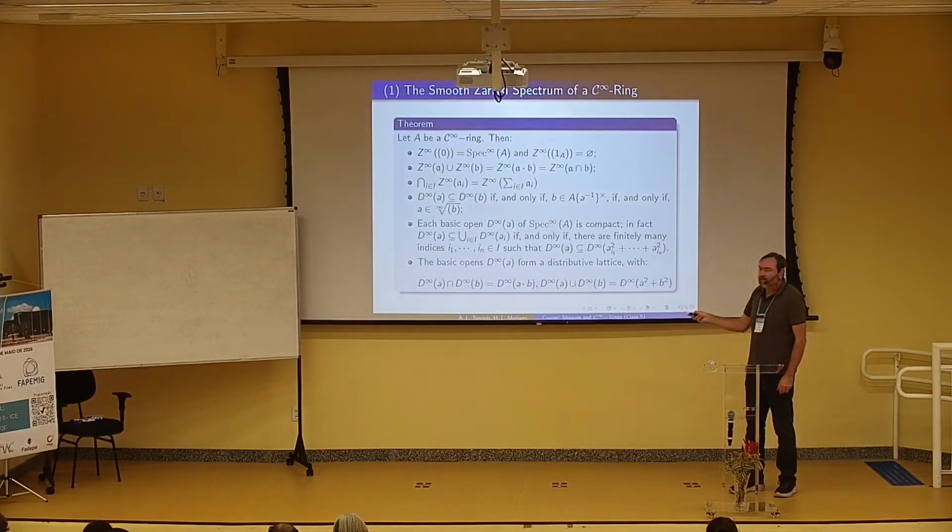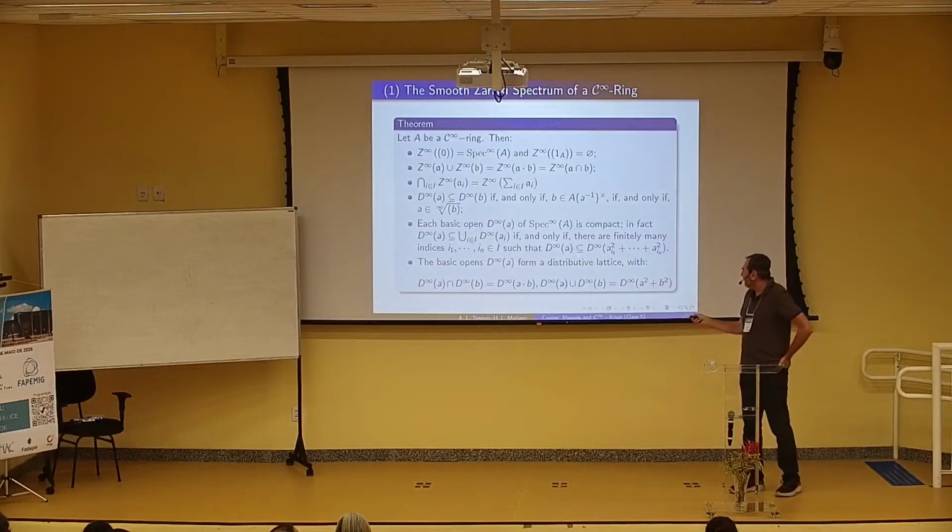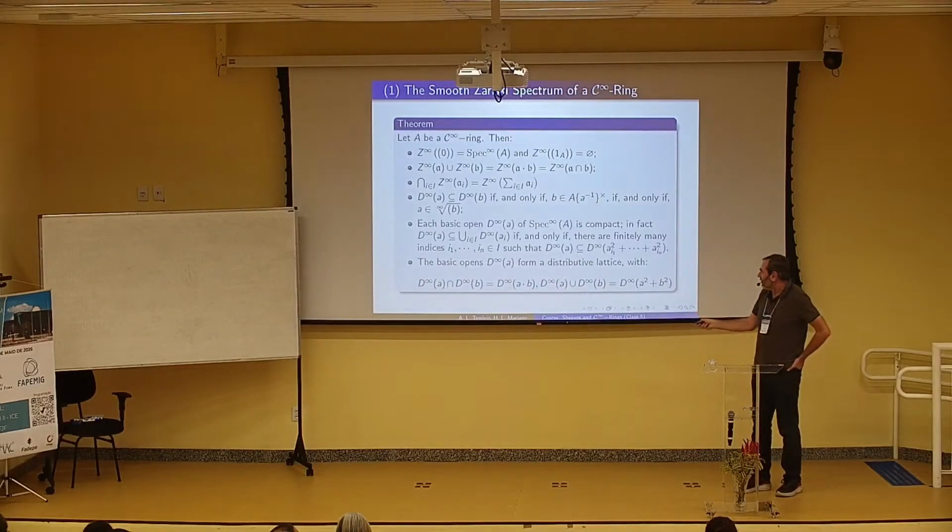Eles são compactos, da mesma forma que a gente faz a conta da compacidade na álgebra comutativa, o mesmo argumento, mas tem uma surpresa. Se você junta dois desse tipo, isso é alguém desse tipo. Isso não ocorre na álgebra comutativa.